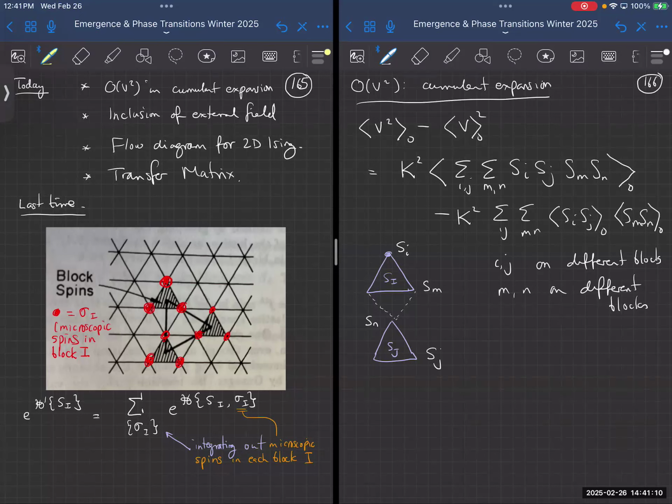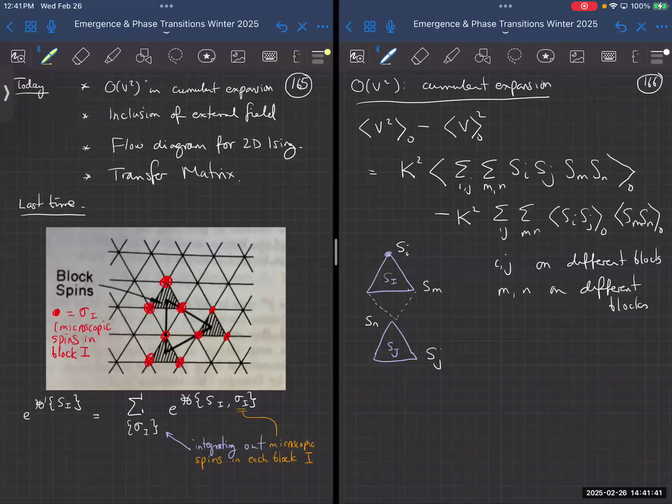So when I write down V, that only included interactions between blocks. And so what I've drawn here are the interactions between spins on different blocks. So you can see spin m is interacting with spin n, and they're on different blocks. Spin i and spin j are on different blocks. So that's the constraint that I need. So I'm going to just go through this fairly quickly. Don't worry if you don't get it completely, but I just want to show you the logic of this.